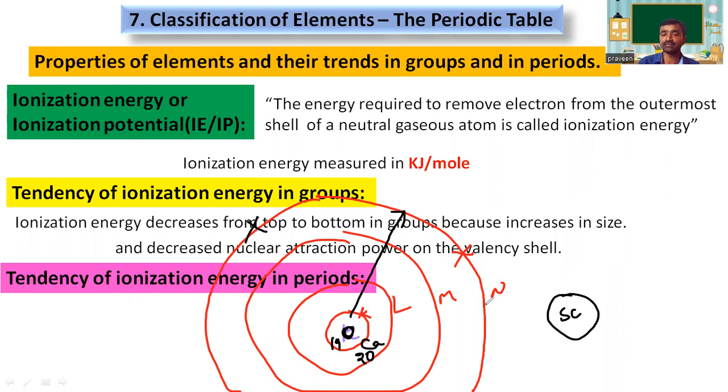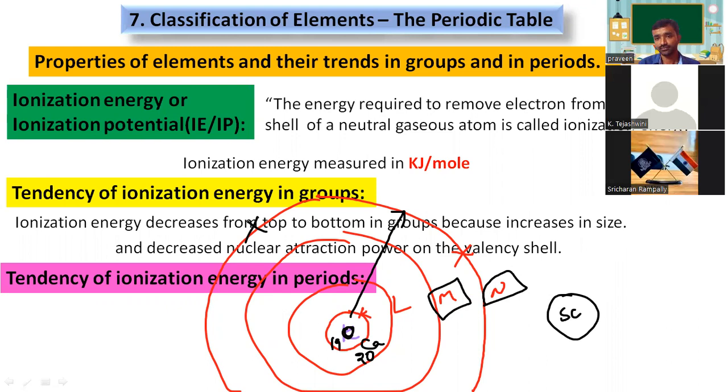I am giving you a hint. Maybe you are writing the electronic configuration. No need. Here, it is 4s2 3d1.